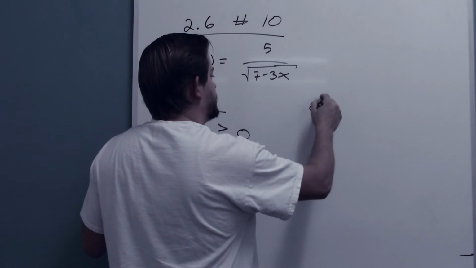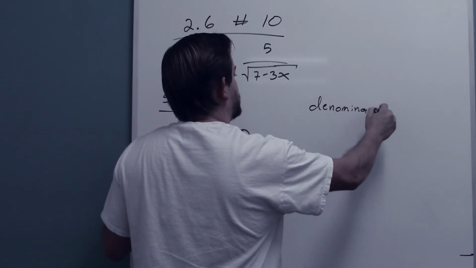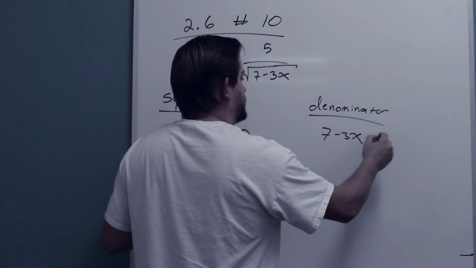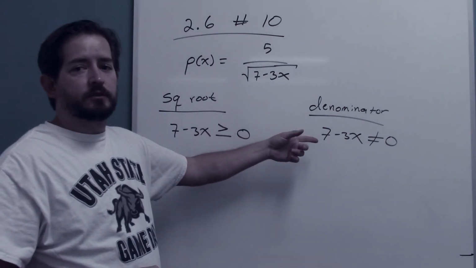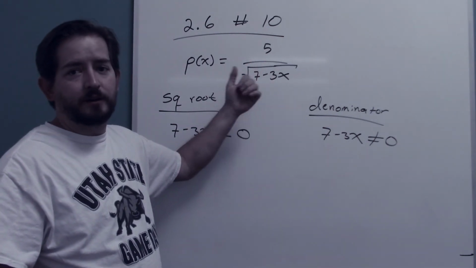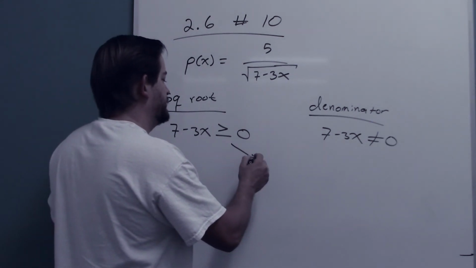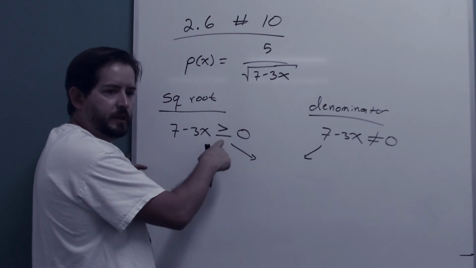The other issue is that this is all in the denominator. And therefore the 7 minus 3x can't be 0, otherwise I'm taking the square root of 0, which gives me a 0 in the denominator, and that's an issue, right? So I can take care of both of these simultaneously by eliminating the possibility of this being an equal.